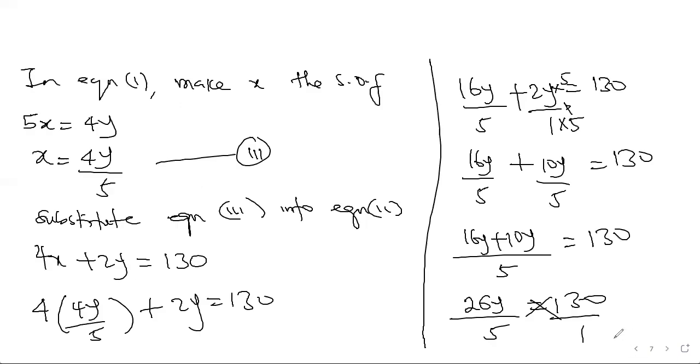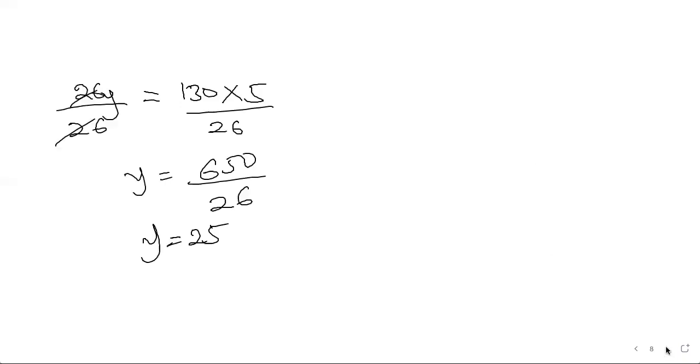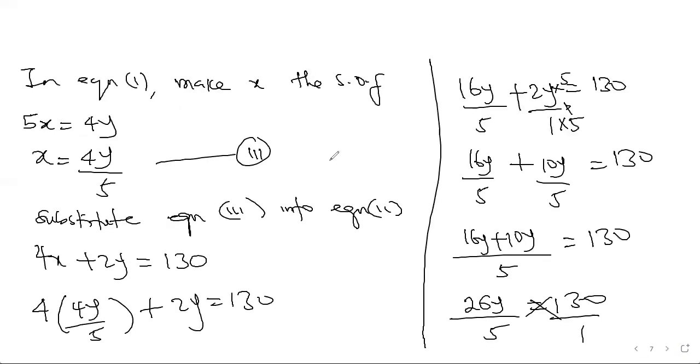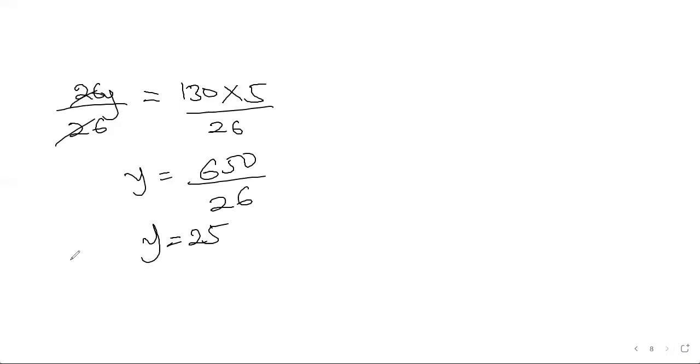So if y is 25, what is x? You can calculate x by substituting y into this equation. x equals 4y over 5. So if I replace y with 25, x will be 4 times 25 over 5.